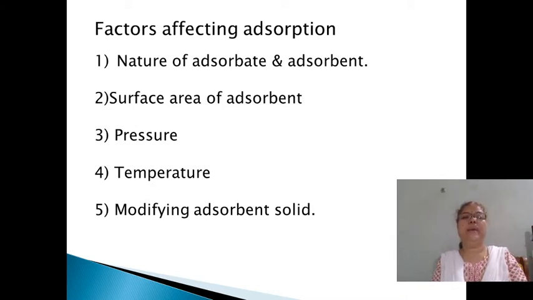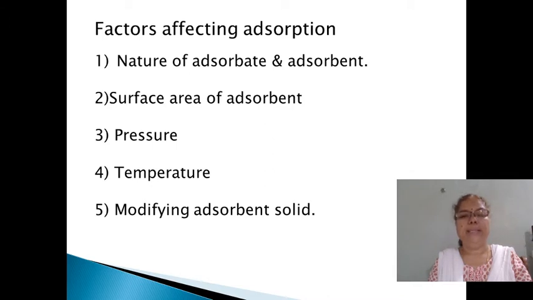Here in the first factor, nature of adsorbate and adsorbent, the amount of gas adsorbed on any adsorbent depends on the nature of the adsorbent and adsorbate.